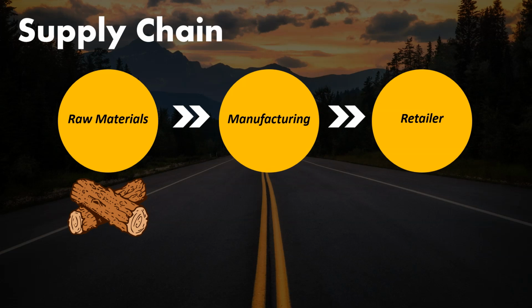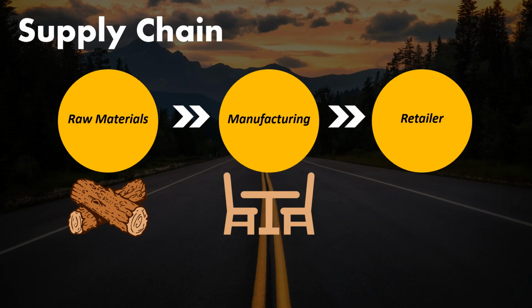From the raw material, it's moved to the industry. Through the manufacturing process, the raw material becomes a more useful good which humans can use in their daily life, such as a dining table. Finally, this dining table is transported to a retailer, which is a store like IKEA. And from there, consumers take this item to their house and they use it.